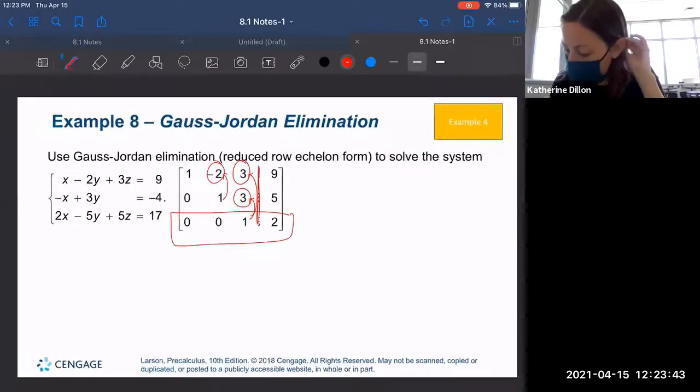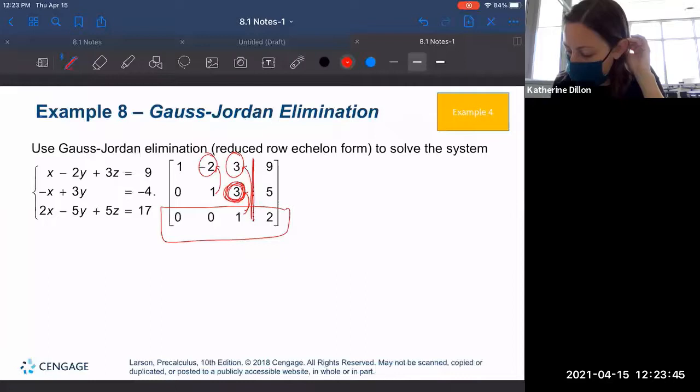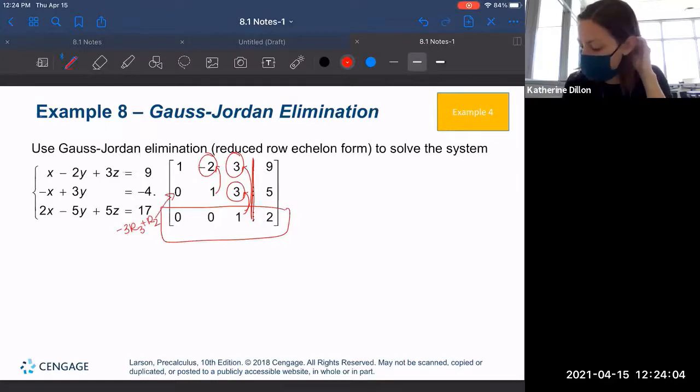So if I want to eliminate this 3, I need to multiply this row by -3 and add it to row 2. I'm kind of out of room, but what I want to do is take -3 row 3 plus row 2 and make that my new row 2.